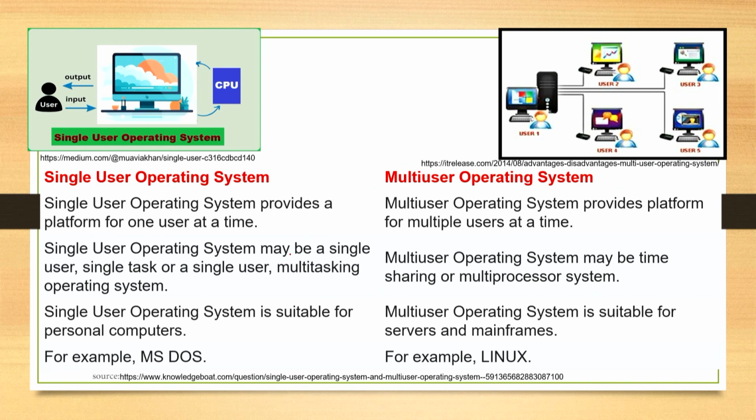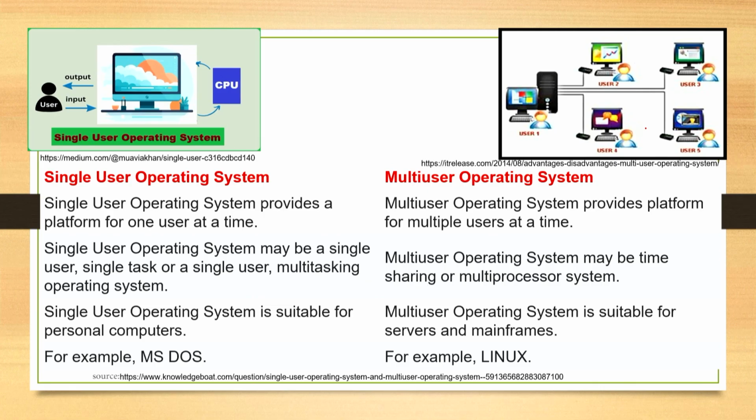Whereas in single user multitasking, more than one task can be performed at a given time by the single user. But in the case of a multi-user operating system, it may be time sharing or a multiprocessor system. Multiprocessor means maybe more than one processor is there to execute multiple processes in the system.